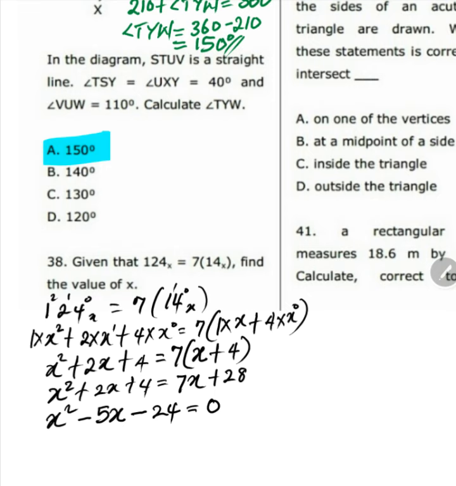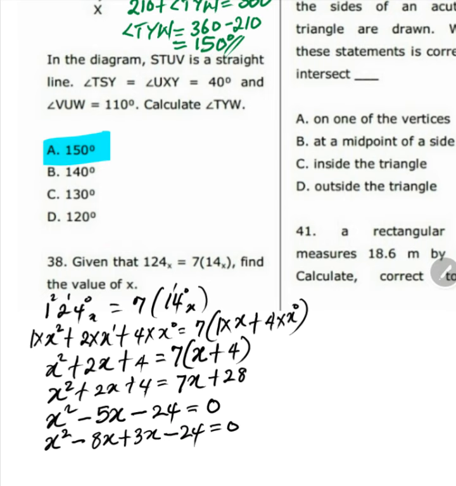Okay, let's move on. We have a negative 5x and a negative 24. That will be negative 8x plus 3x. So we're going to have x squared minus 8x plus 3x minus 24 equal to 0.